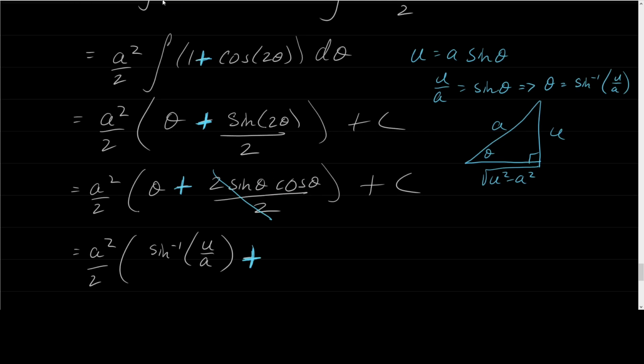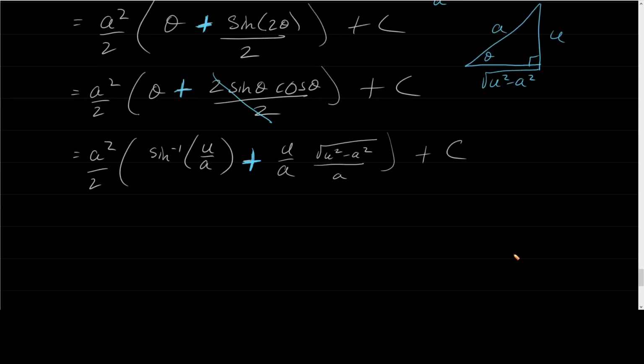So sine theta is opposite over hypotenuse, so u over a. Cosine theta is adjacent over hypotenuse, so the square root of u squared minus a squared over a. And then all of this plus c. If I distribute just the a squared, not the 2, I end up with 1/2 times a sine inverse of u over a plus the a squared.